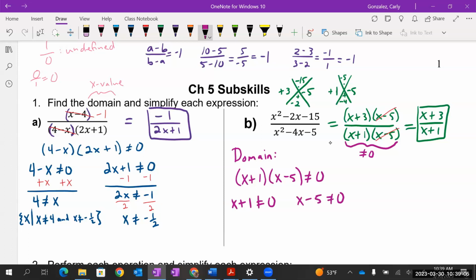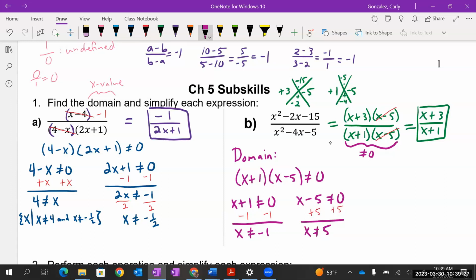So we get x plus 1 cannot equal 0, x minus 5 cannot equal 0, and now let's solve for x. Subtract 1 from both sides to get x cannot equal -1, and we'll add 5 to both sides, and we get x cannot equal 5.